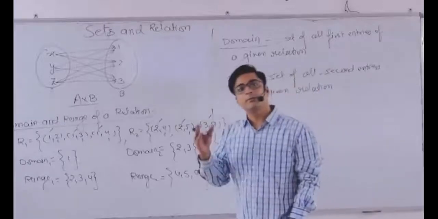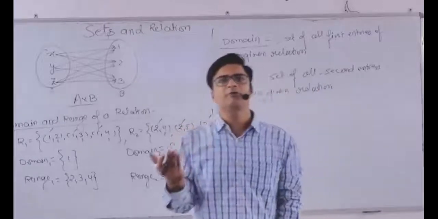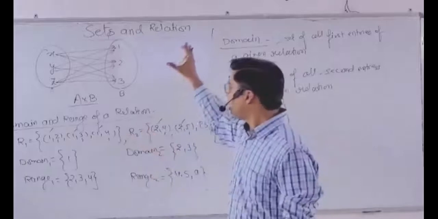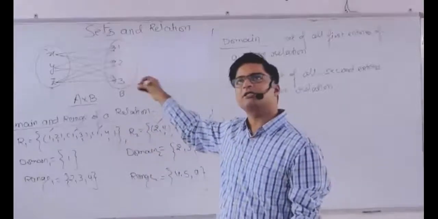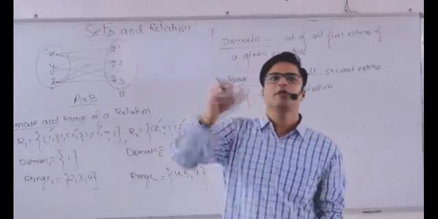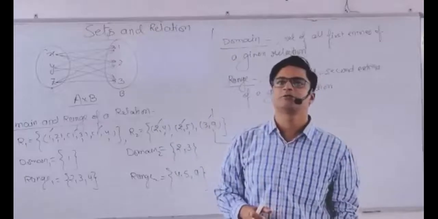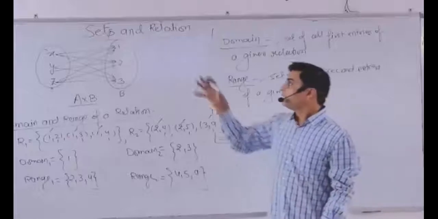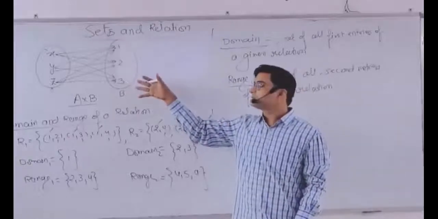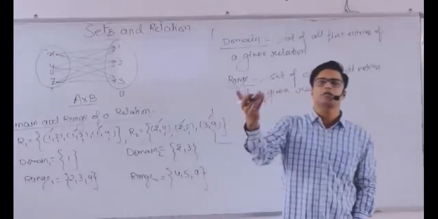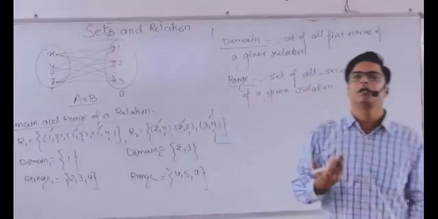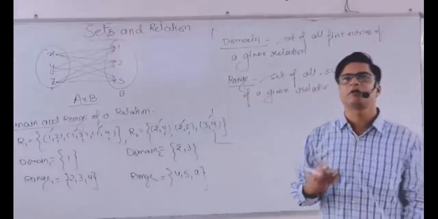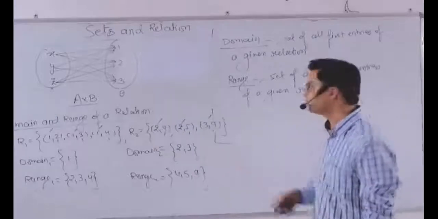So depending upon how many connections we are choosing and in what way we are choosing the connection, we can define different types of relation. Understand this once again? So let's come to types of relation.